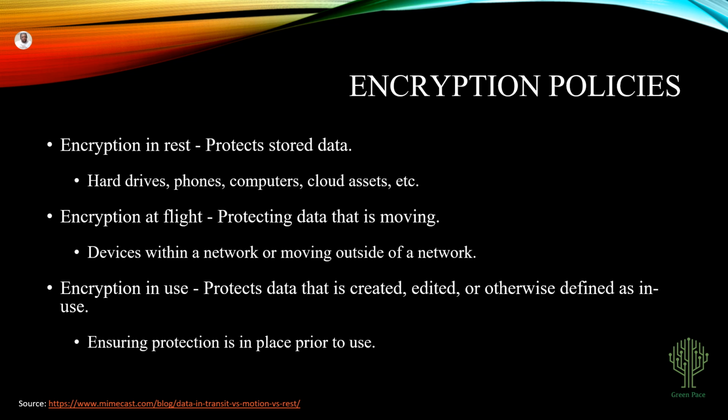Encryption in use, which is described as data being processed in memory, should be protected using secure enclaves and hardware based encryption. This multi layered approach ensures that data is protected at all stages, whether it's being transmitted, stored, or processed.